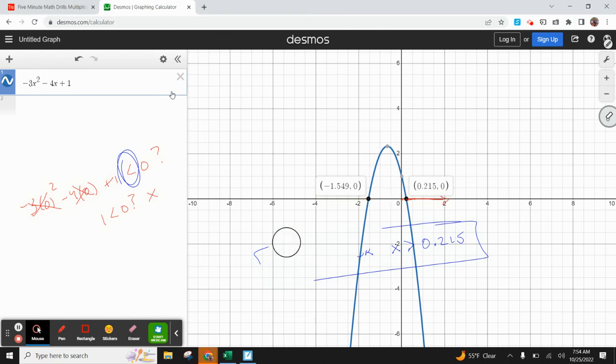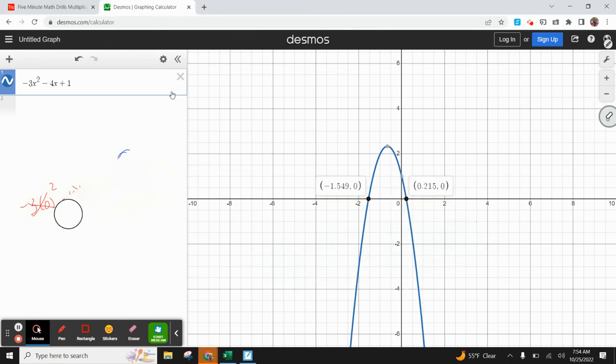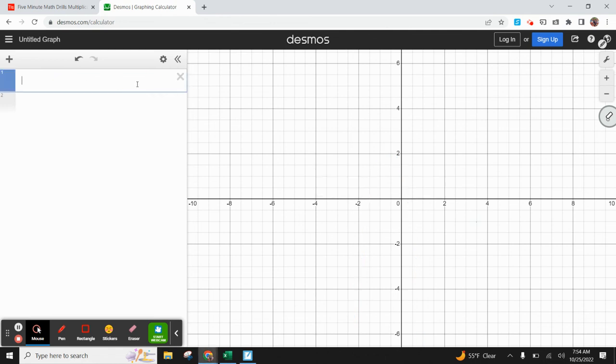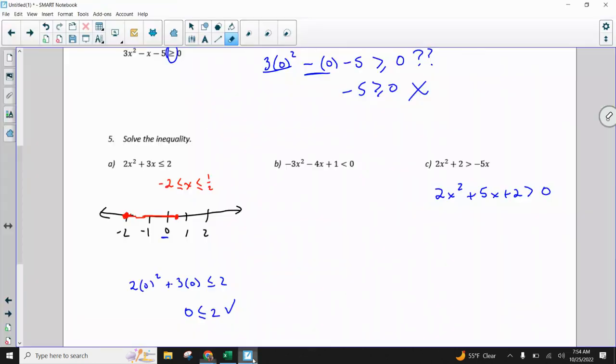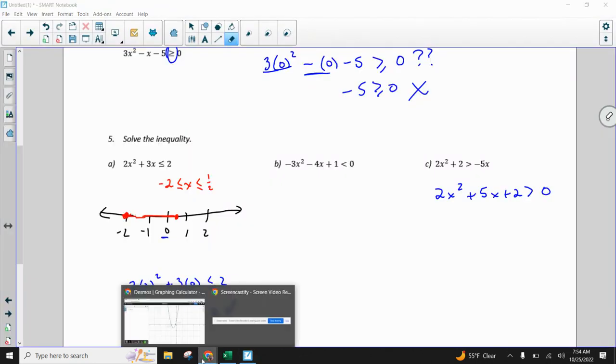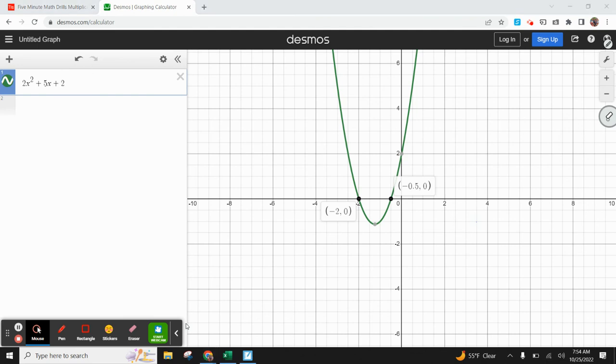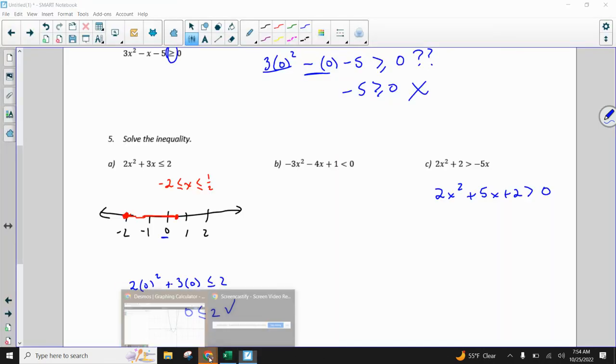So if we erase all this, get it all out of the way, and go 2x squared, notice I got critical numbers at negative 1/2 and negative 2. Just to remind myself, this needs to be greater than 0. I'm deceiving myself, not equal to.